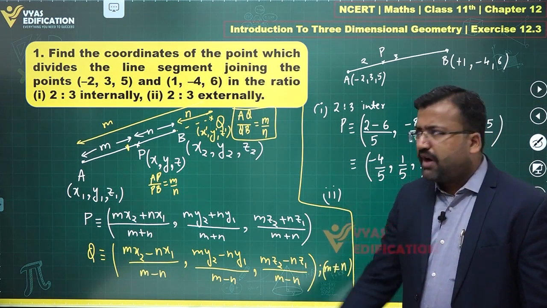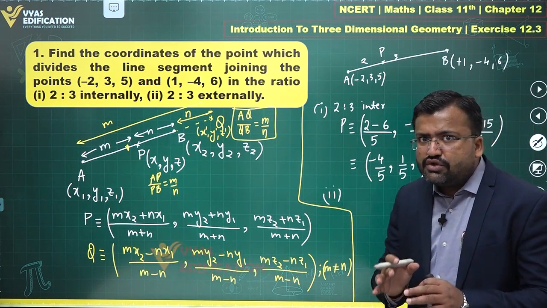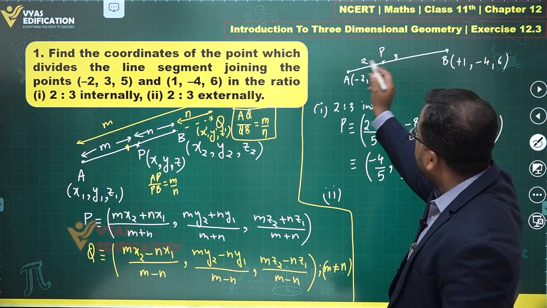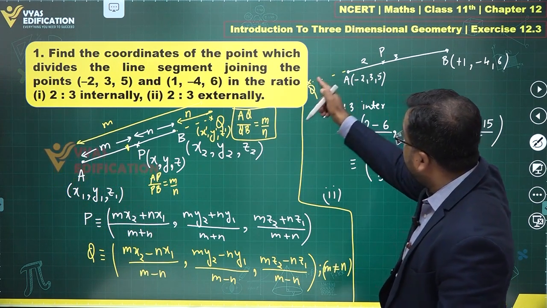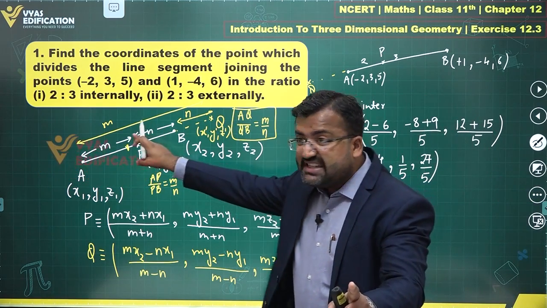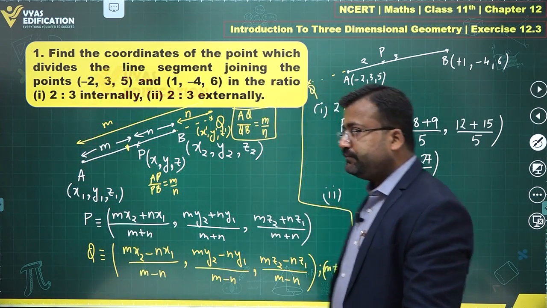What about the second part? In the second part, the ratio is 2:3 externally. So we'll be taking a look at this particular point over here, Q. Why are we drawing Q over here? I said, if m is less than n, then the point will lie towards A, right?